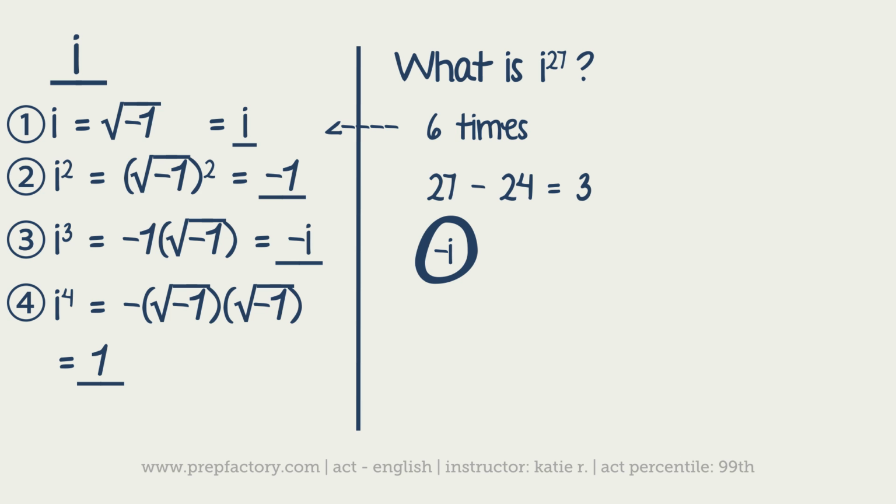So your answer is just negative i. You could always sit there and write out the pattern over and over for i, or you just find how many times it cycles through, and whatever's left over determines which part of the cycle you're going to use.